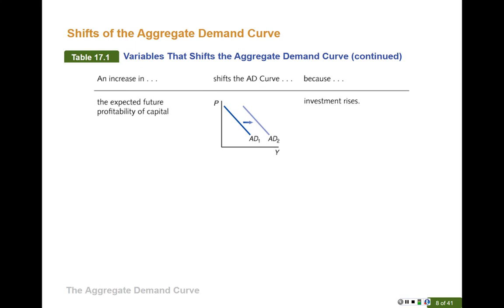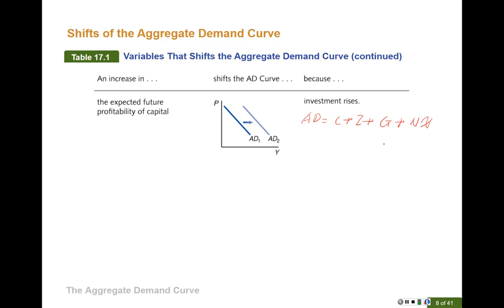And let's move on to the next case. If the firm expects the future profit will go up, what happened to the aggregate demand? I already said the profit is related to the firm's decision.